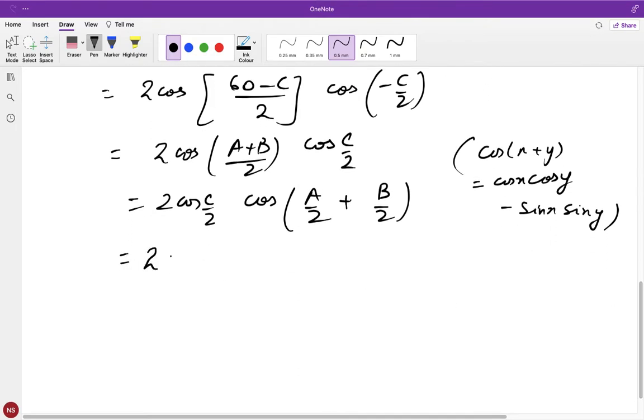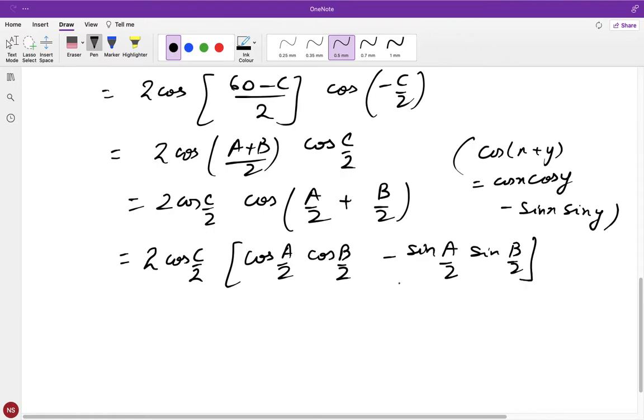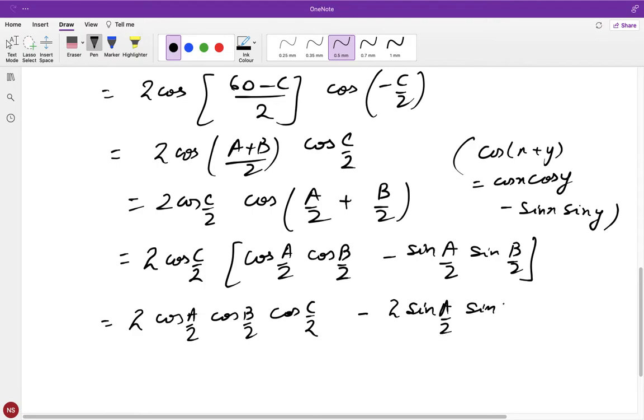So this is equals to 2 cos c by 2 into [cos a by 2 cos b by 2 minus sin a by 2 sin b by 2], which is equals to 2 cos a by 2 cos b by 2 cos c by 2 minus 2 sin a by 2 sin b by 2 cos c by 2.